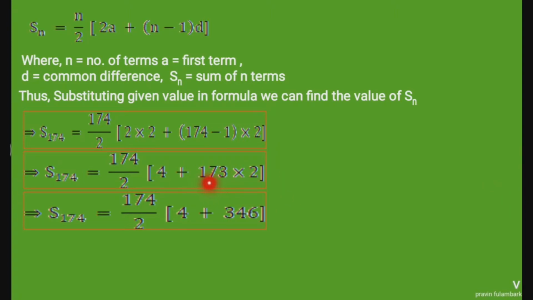Before that we multiply this 173 with 2, we get 346 plus 4, that is 350. So write this as 350. Now we divide this 174 by 2, we get 87. Then 87 into 350, we get 30,450. So this is the required answer.